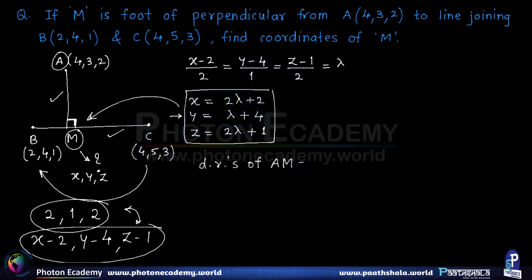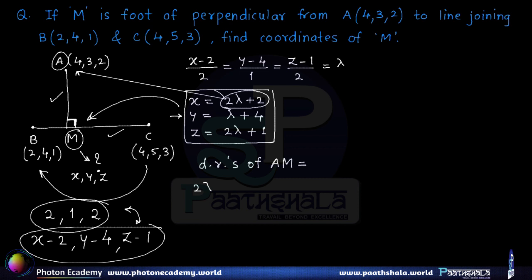are. Now here what we'll do is we will merely subtract the coordinates, that is 2 lambda plus 2 minus 4. So they are 2 lambda plus 2 minus 4, that is 2 lambda minus 2. Then from lambda plus 4 we will subtract 3, so that turns out to be lambda plus 1.